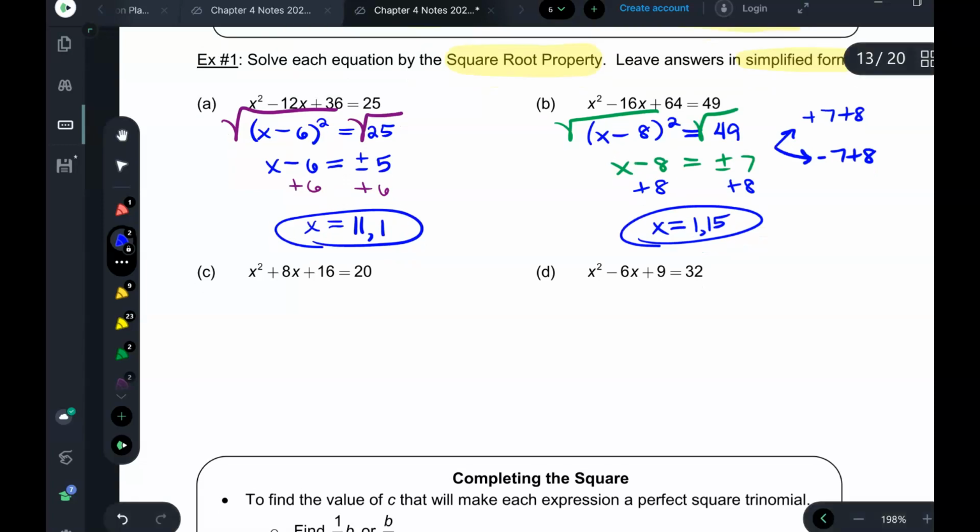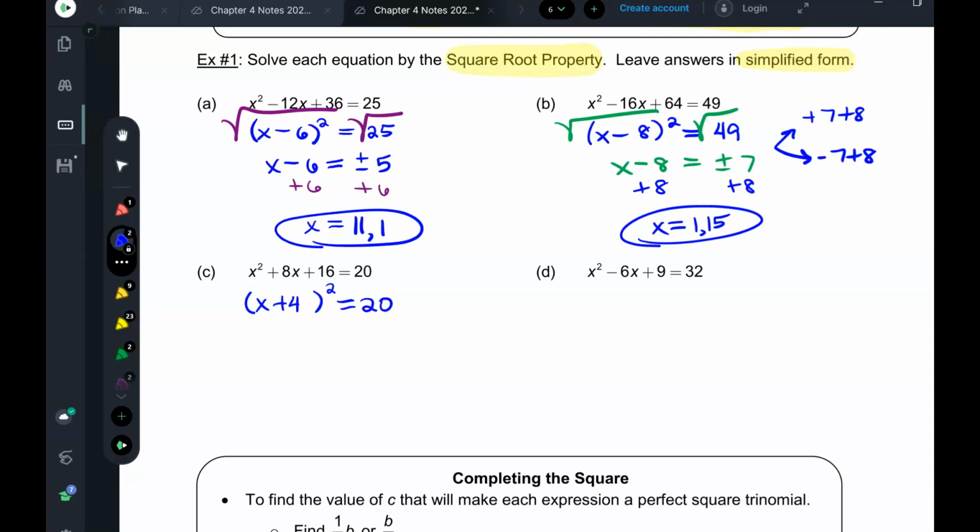All right, left side. What is the perfect square? Squared equals 20. Okay, now this one. Why is it plus 4? Is it x plus 4 times x plus 4? Because there's no negatives. Look at the 16. That's the perfect square of 4.